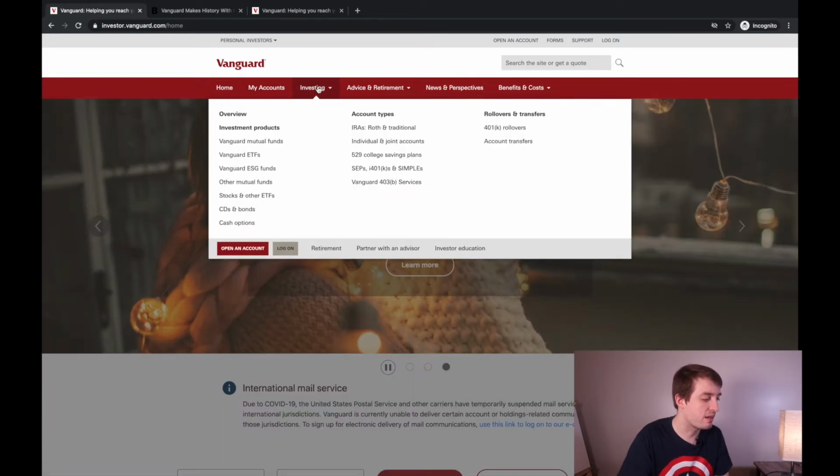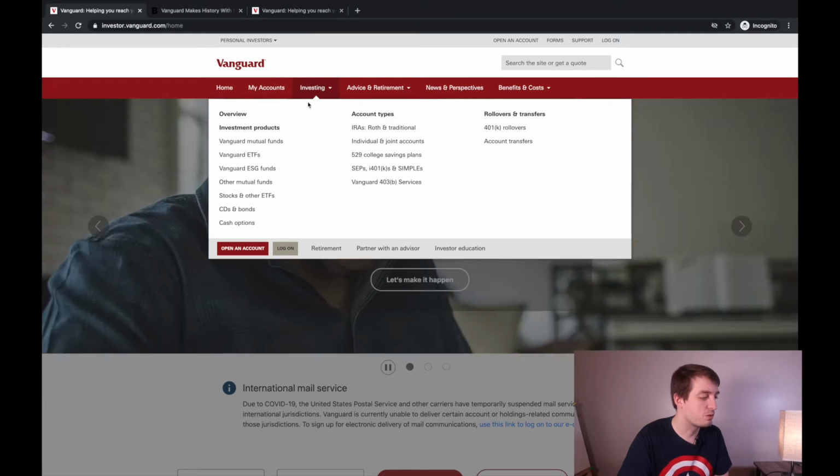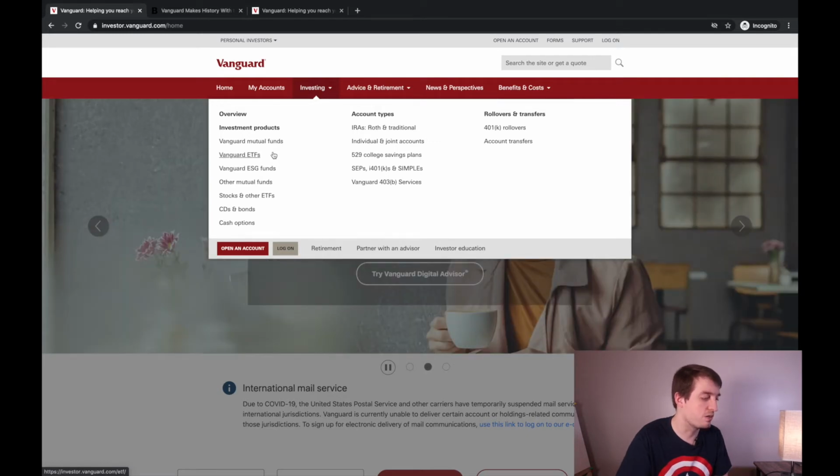They have their accounts, where you set up an account. Also here, investing, they talk about the different products they offer, with mutual funds and index funds within that. A mutual fund, if you're not aware, is basically buying a whole bunch of companies under one fund.